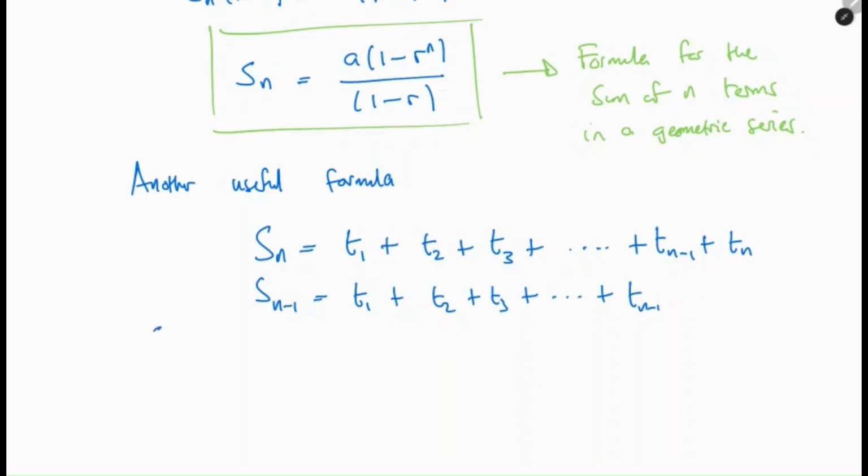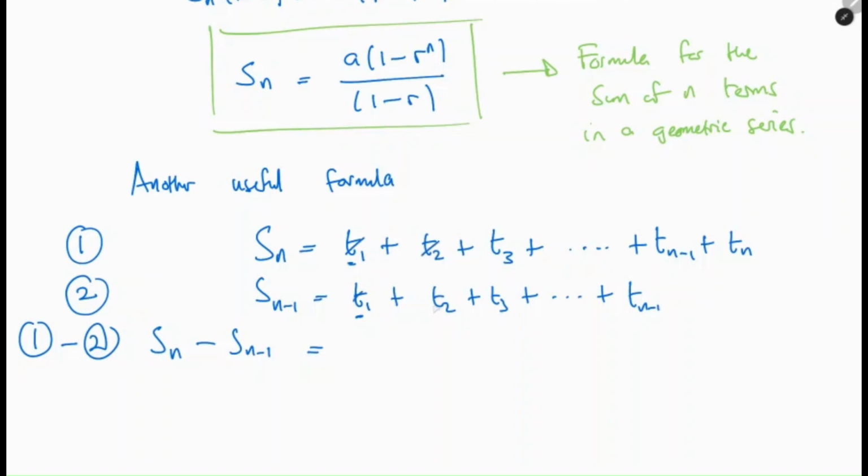Because when I take Sn minus Sn minus 1, what's going to happen? I'm going to have a T1 term, and I'm going to subtract a T1 term. So this is the same as equation 1 minus equation 2, right? I've got T1 minus T1, those are going to cancel.